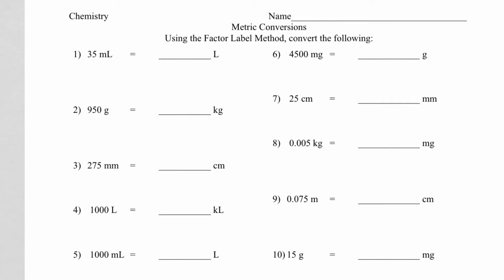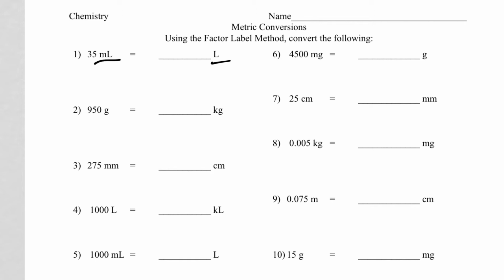Alright, for this half of the video, I'm going to go through 1 through 5 just to give you folks a chance to work through the problems with me if you are still unsure about how to proceed. This part has everything to do with the conversion of metric units from the same type of units, for example, milliliter to liter.